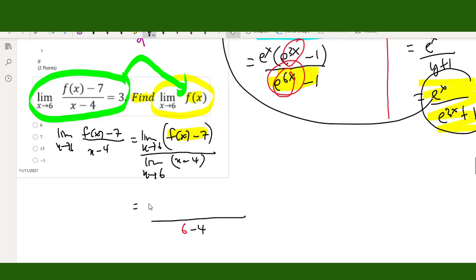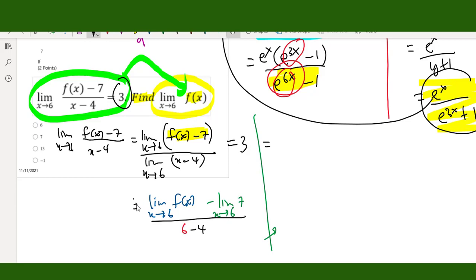So here it is limit of f(x) as x approaches 6 minus limit of 7 as x approaches 6. Simplify. Make sure this one is equal to 3. So it implies that it is equal to 3.